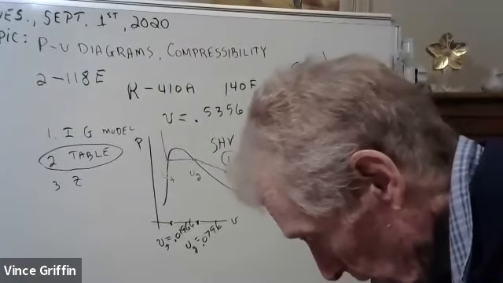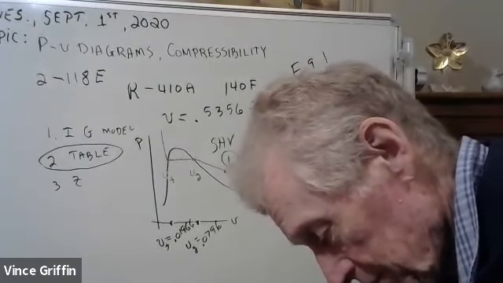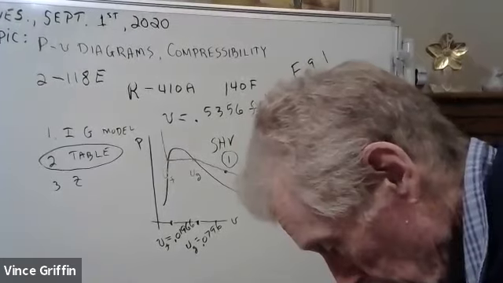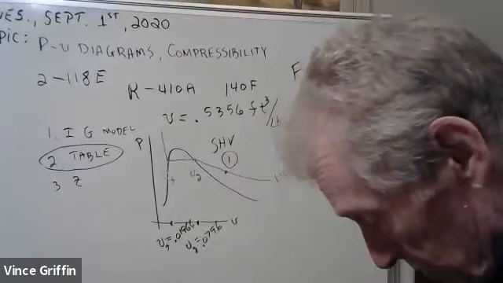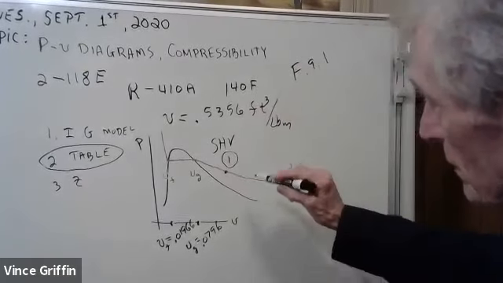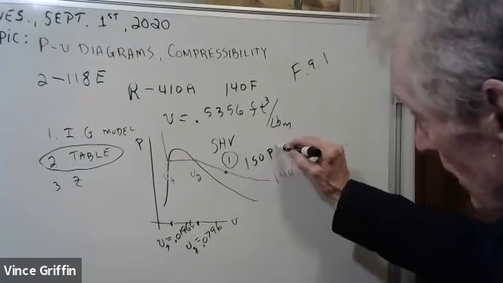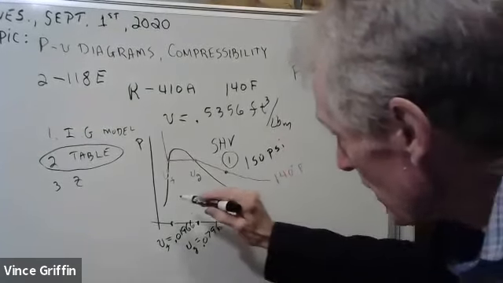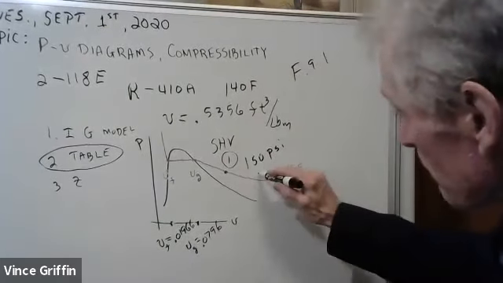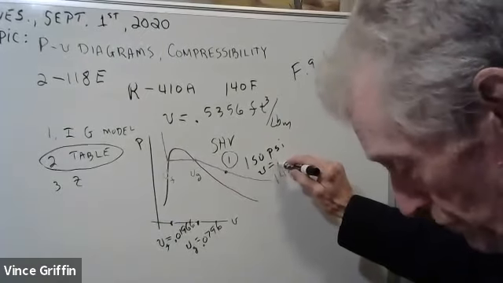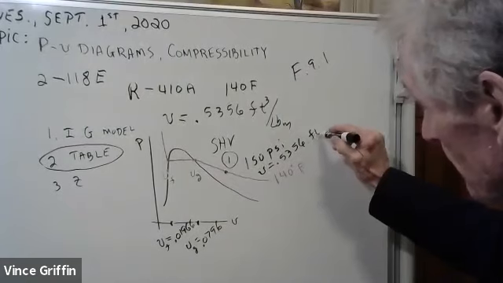Okay, I'm shopping around now. Hey, we got real lucky, guys. If you go to where it says 150 PSI and the temperature is 140 Fahrenheit, the V is equal to 0.5356.